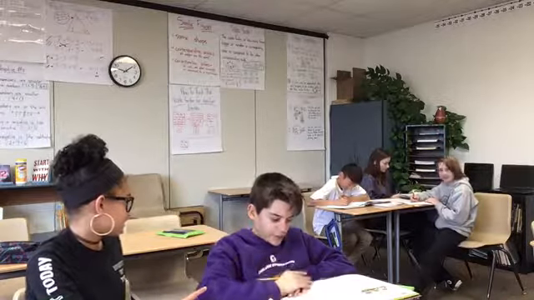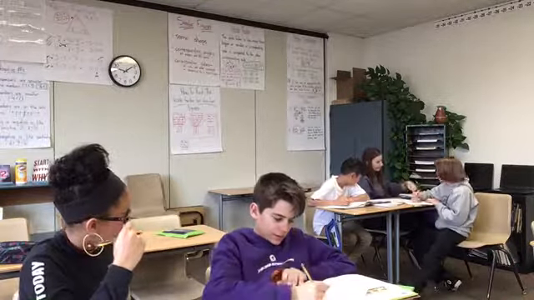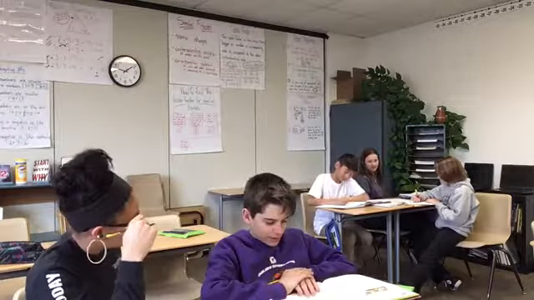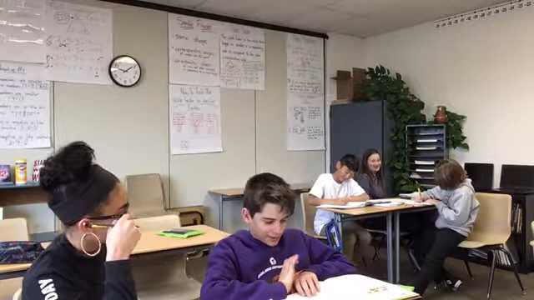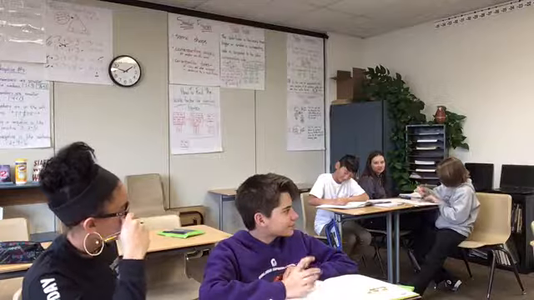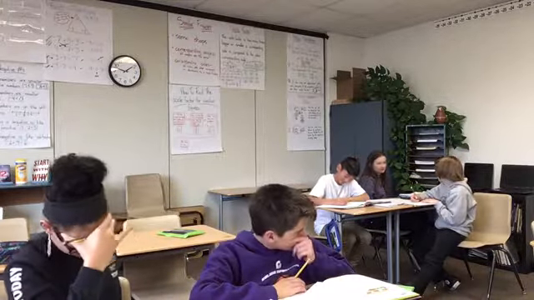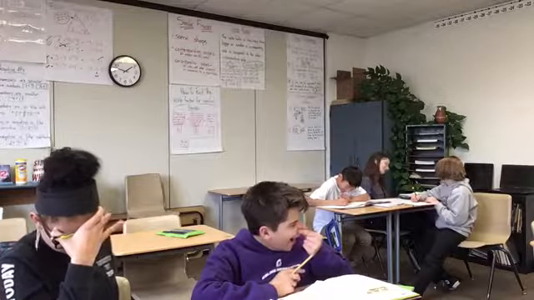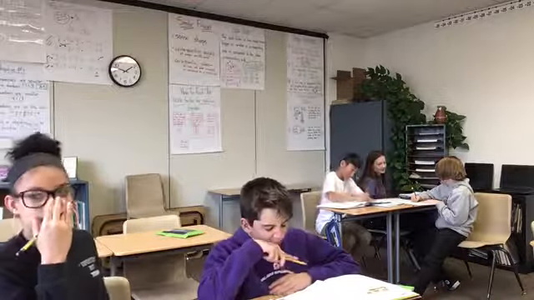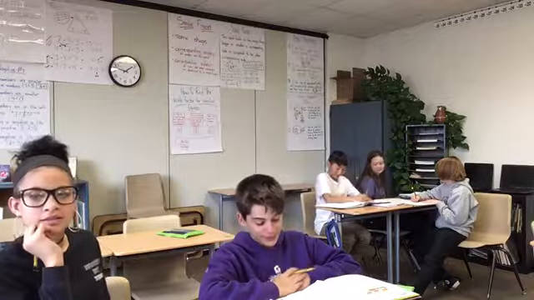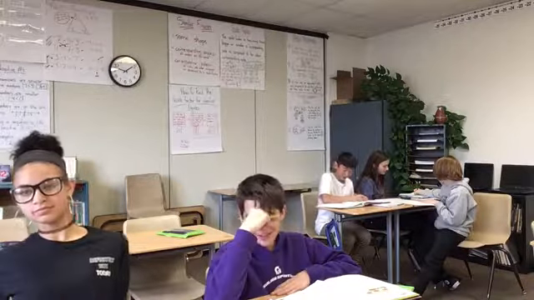So 10% of what is 300? That's 30. That is definitely wrong. You multiply, Justin. You multiply. It's 300 because 30 times 10 is 300.